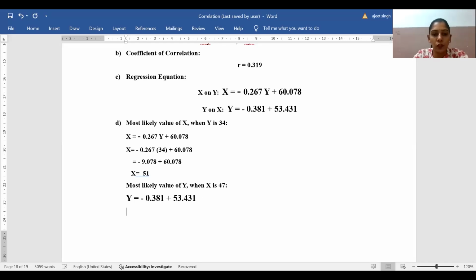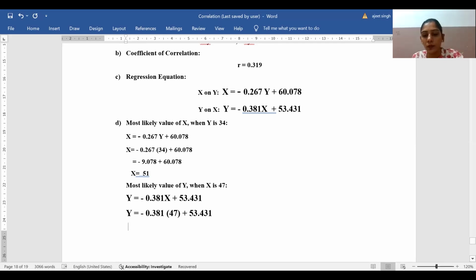So let's put the value in this equation: y is equal to minus 0.381, multiplied by 47, and then add 53.431.